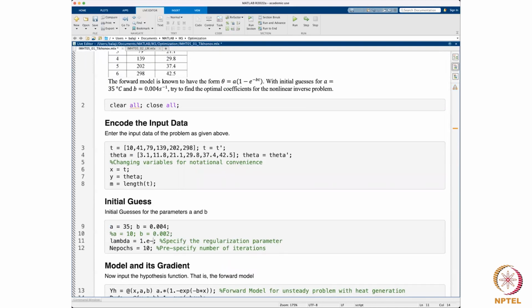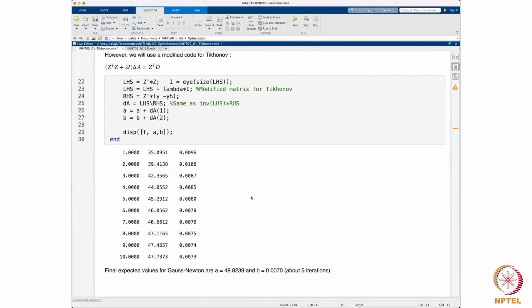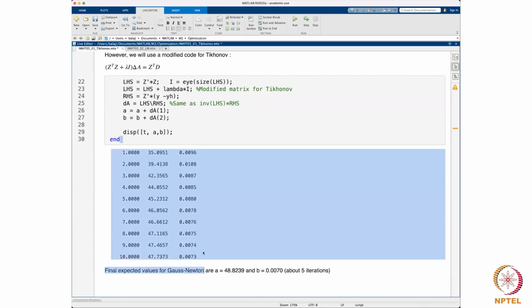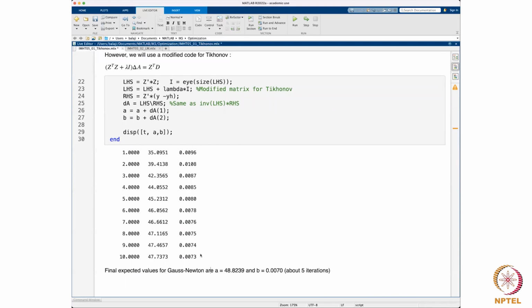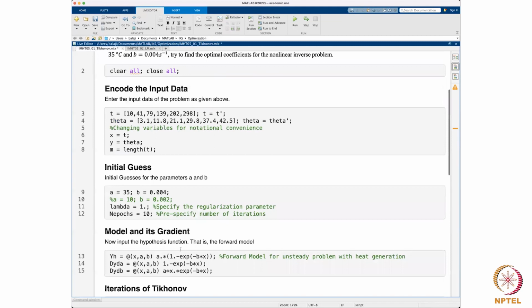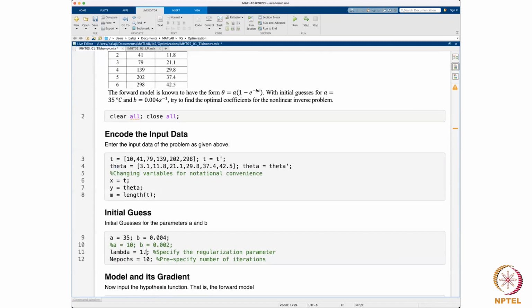If I make lambda very large, let's say I make lambda 1, you can see it has not yet converged. It has actually damped things. It's pulled them down and it's still converging. It doesn't converge. So somewhere in between, you can try lambda equal to 10 power minus 2, for example.